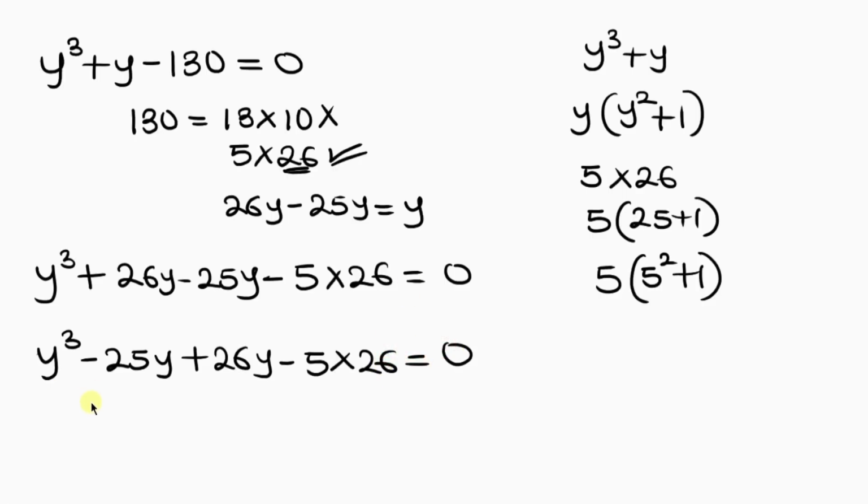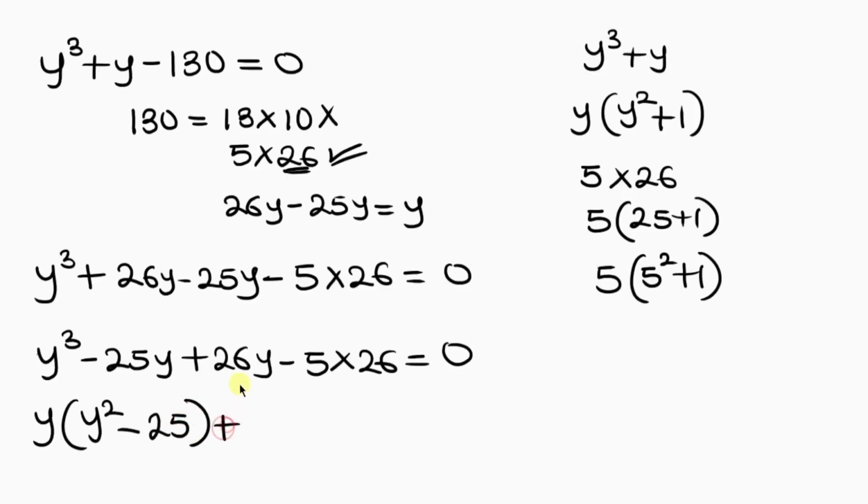So now let's factorize. Y is common from these first two terms. So let's factorize y out. Y cubed divided by y gives y squared minus 25y divided by y gives 25. Very good.